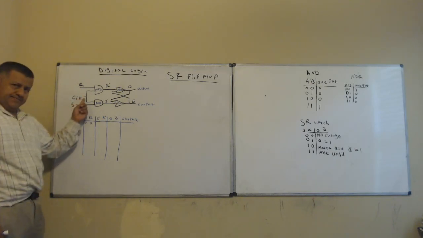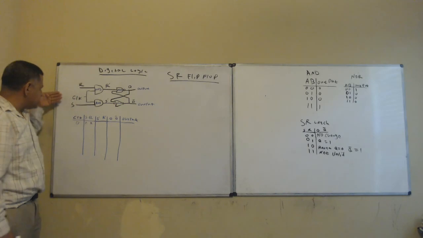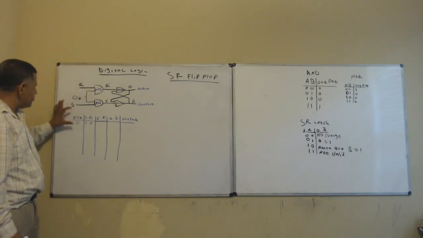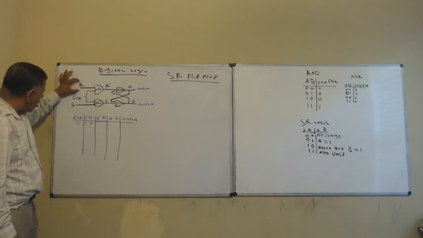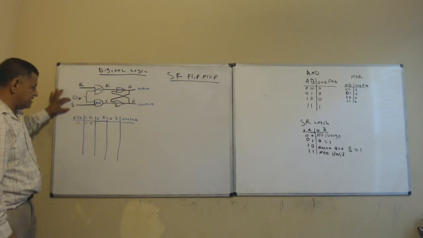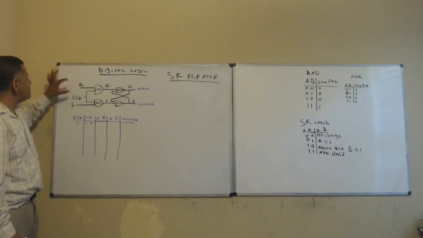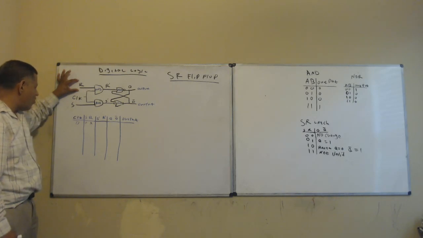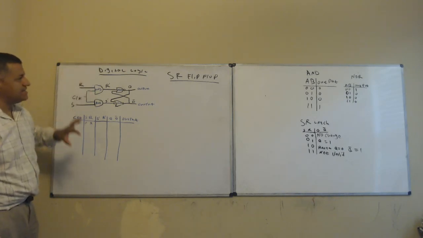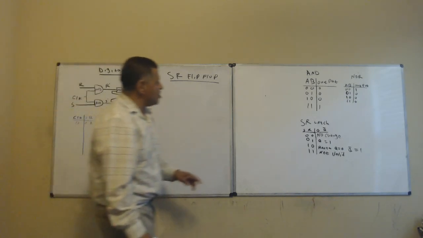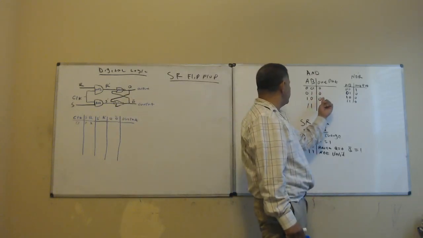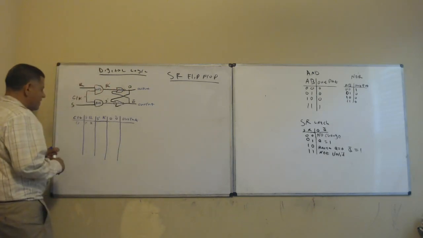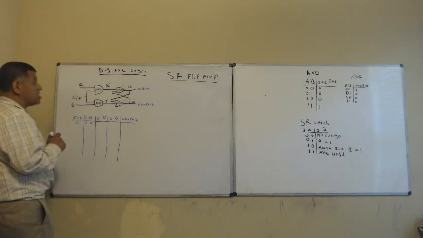The clock has an input on both AND gates, right? It does not matter what the value of R and S is. Again, it does not matter what the value of S and R is. Why? Because the AND gate, if one of the inputs is 0, the result is 0. See? It doesn't matter. But it's going to change eventually.